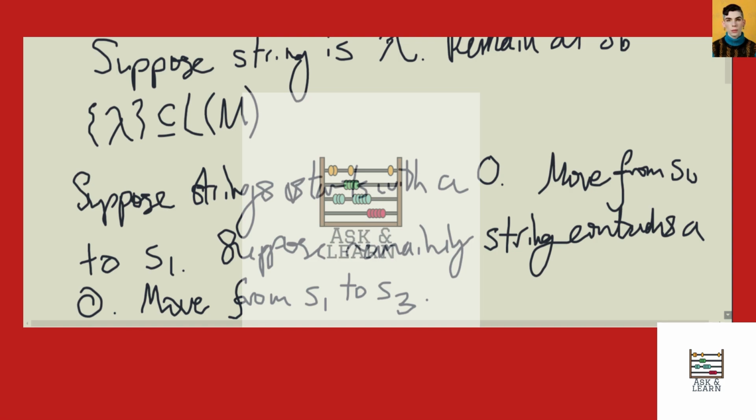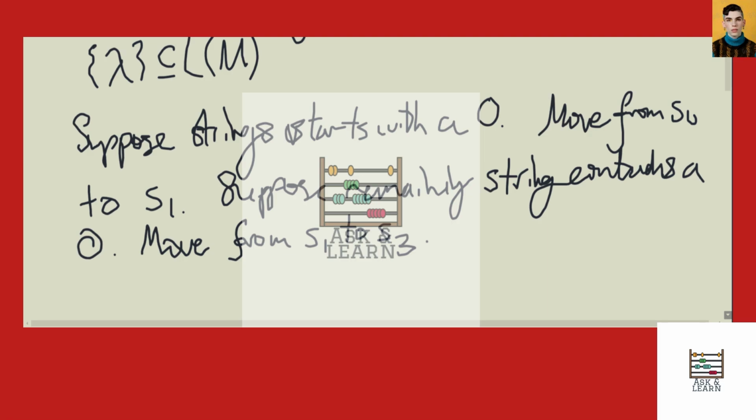And we see that once we're at S3, if we don't have any more bits, then this string is going to end on a final state. So it follows that all strings of the form 0, 1 star, and then 0, these are in the recognized language.